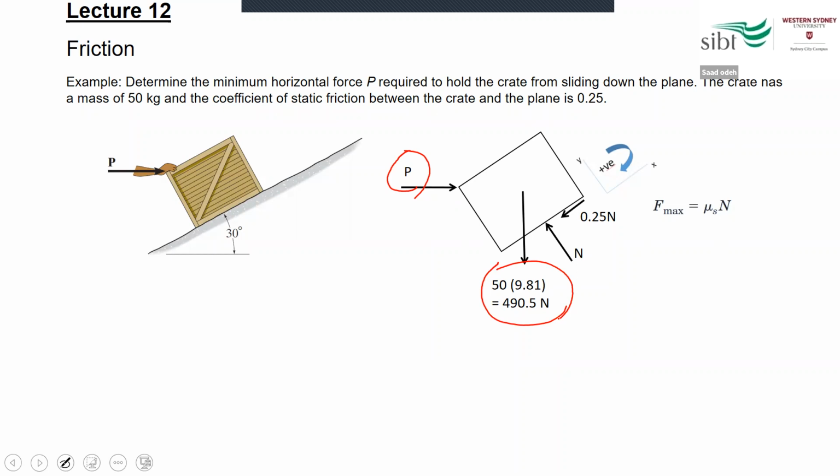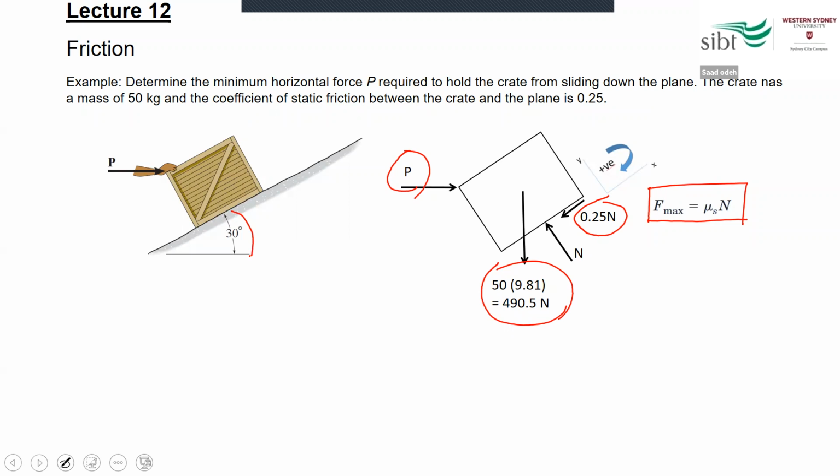We multiply the mass by gravity, and also we know the coefficient of friction. Using this equation, we can find the friction force: we multiply the coefficient of friction by the normal force N acting on the box.